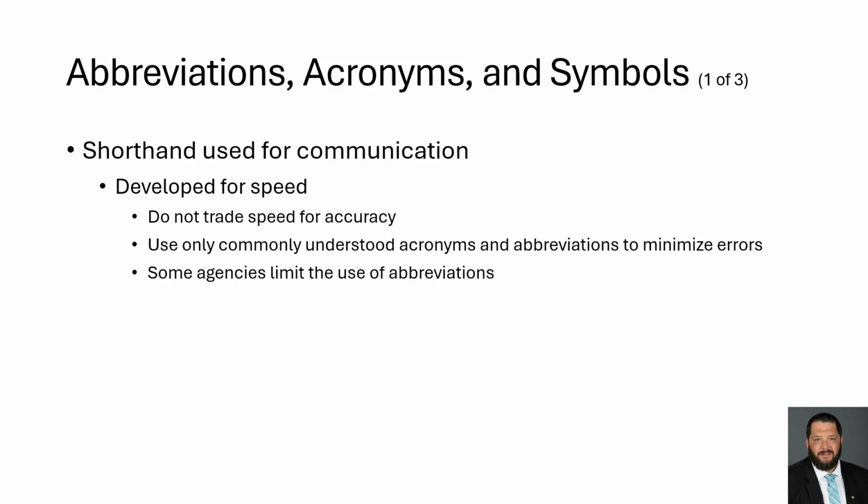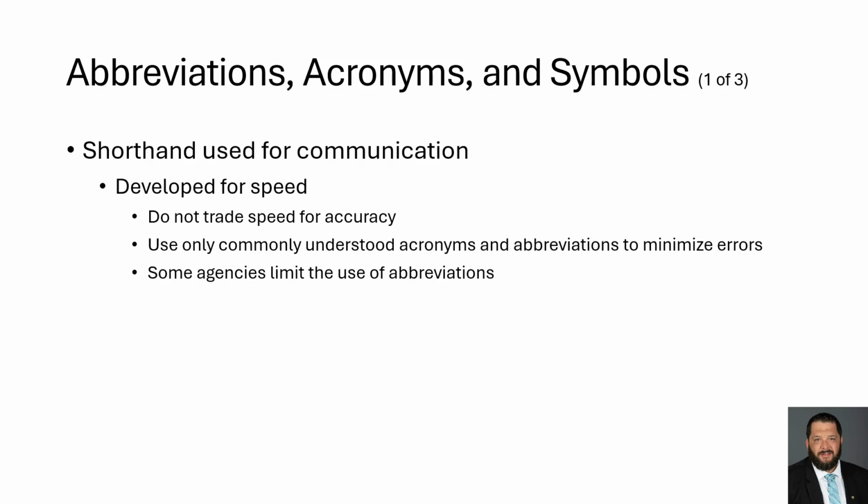Abbreviations, acronyms, and symbols can also be used in documentation, and they're used as shorthand for communication. They were originally developed for speed, but keep in mind to not trade speed for accuracy. Taking a look at the historic precedents of EMS documentation, when EMS reports were handwritten, we only had a finite amount of space to document our patient experiences in our PCR, or patient care record.